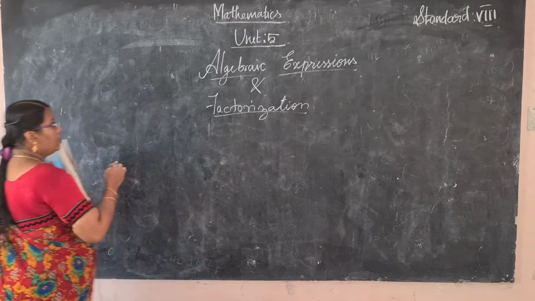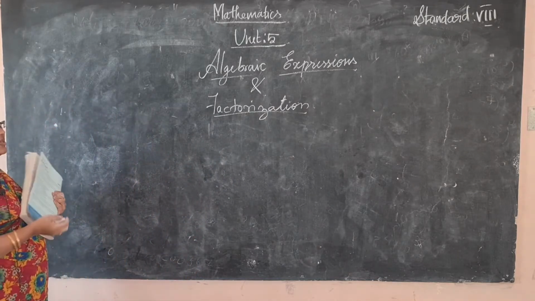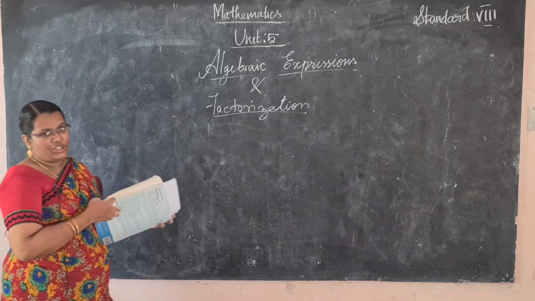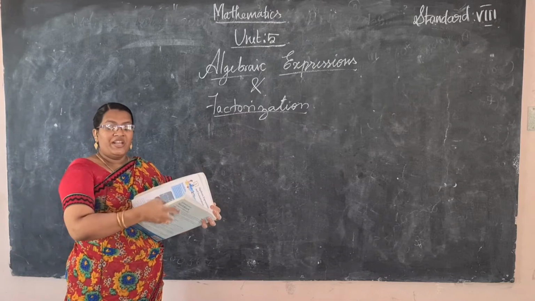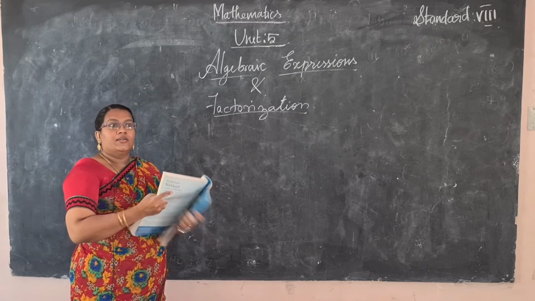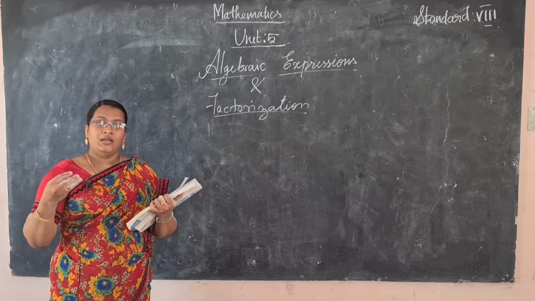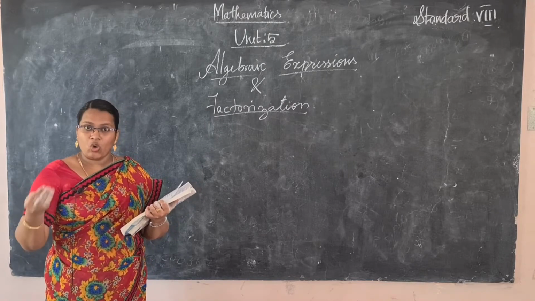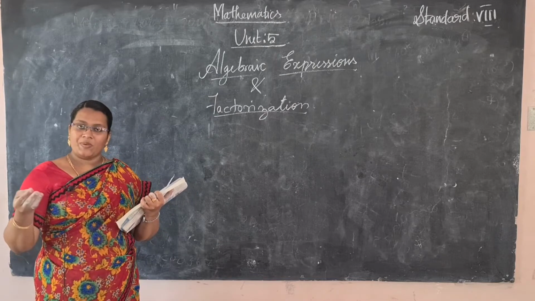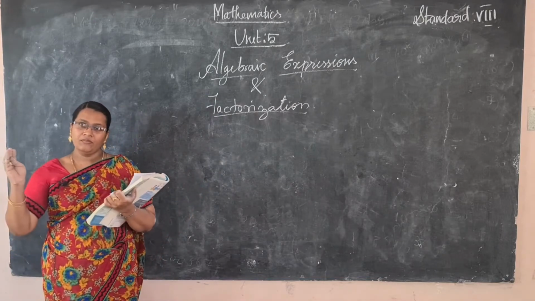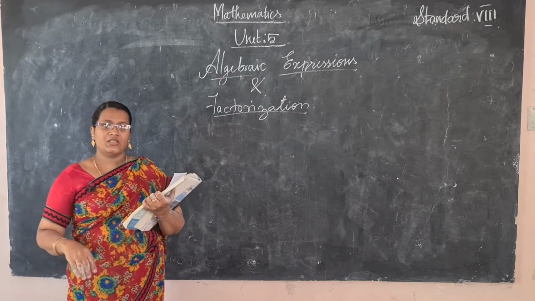The first one is algebraic expression. What is the definition of algebraic expression? The combination of constants and variables, together with the basic fundamental operations.